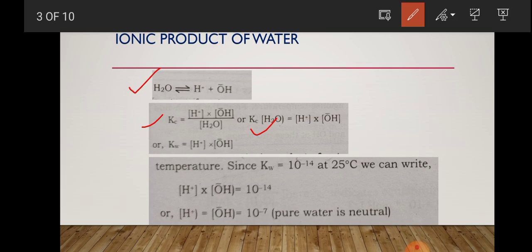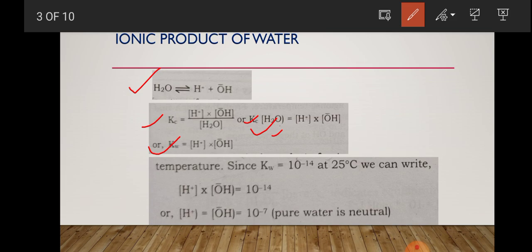And here water is a weak electrolyte, so pure water ionizes a very small amount, that is, the concentration of water is constant. So the product of two constants, that is Kc and concentration of water, is represented by another constant Kw.